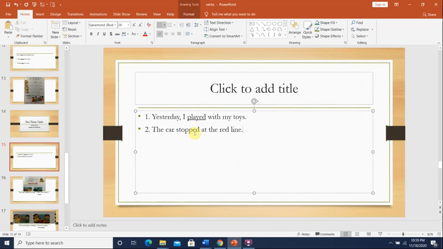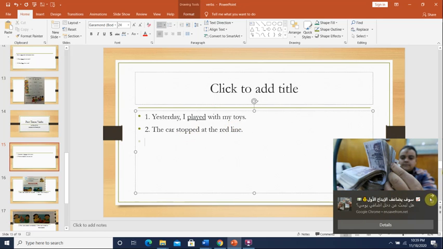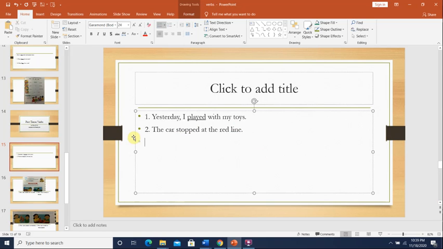So here we added ed, okay, to the verb to show you that the car stopped already. Here is another sentence, Mom helped me with my homework. Mom, okay, whether she's one person or more, when we talk about the past, we add ed.